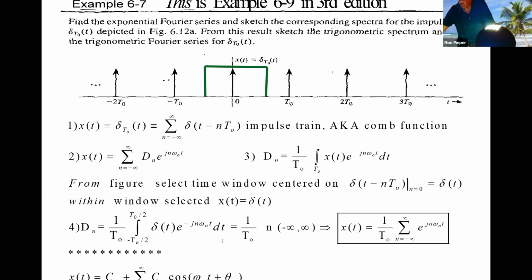We know how to evaluate integral functions involving delta functions. That's where we spent some time in chapter 2. What do you do here? Where do you need to evaluate the exponential, for what value of t?